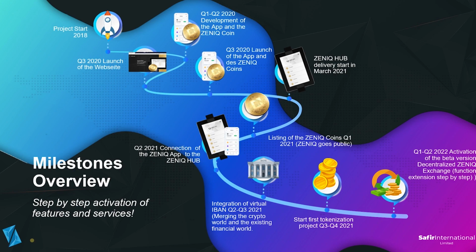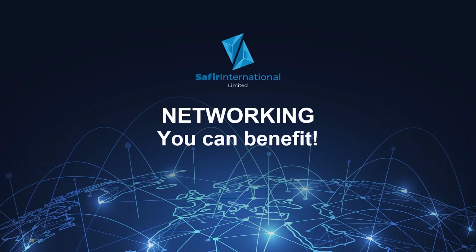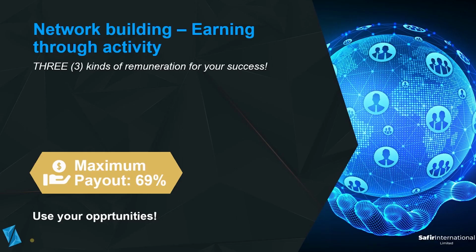So we see that we have a project here, a device that is really bringing value to each and every one of us that is using it. So you can now do good to your fellows by telling them about it, by referring them to this device. So there are additional income streams if you want to tell people about it. By building up your network, you can have 3 kinds of additional income.